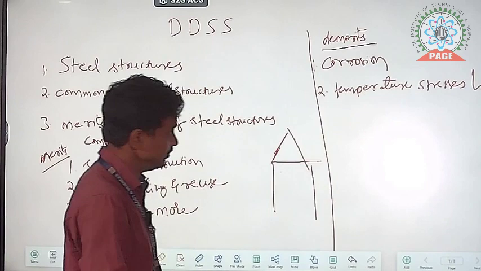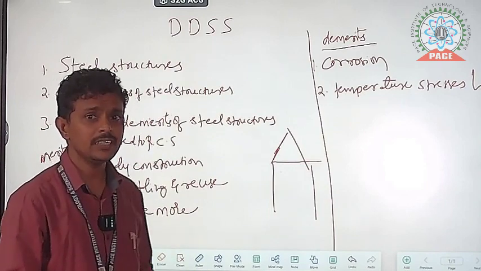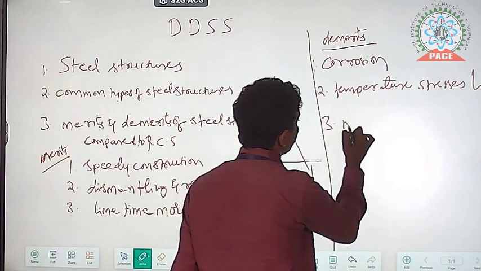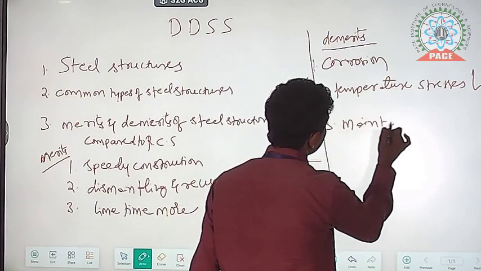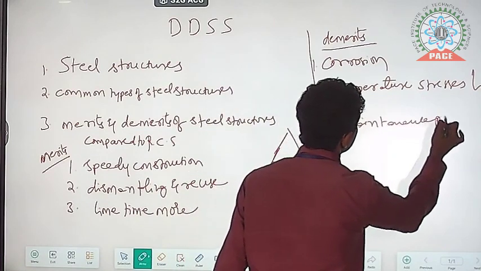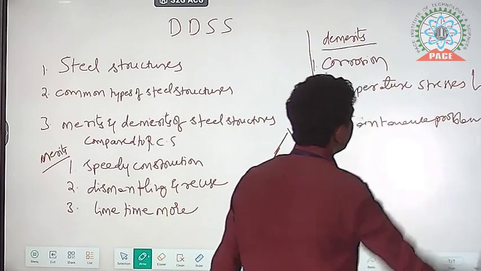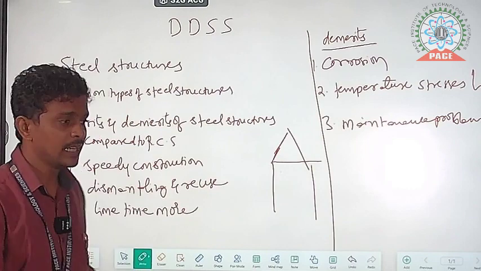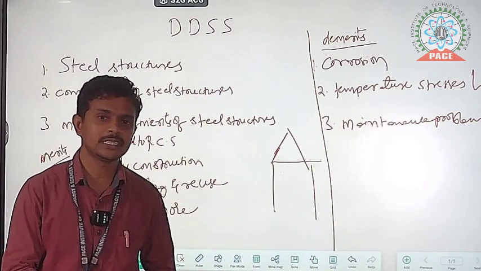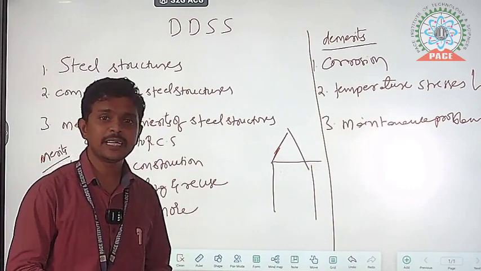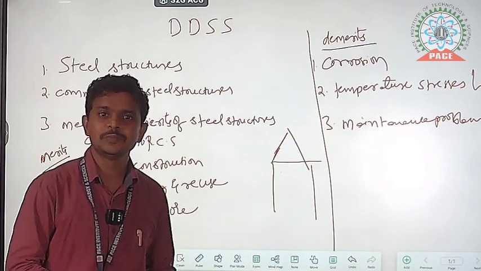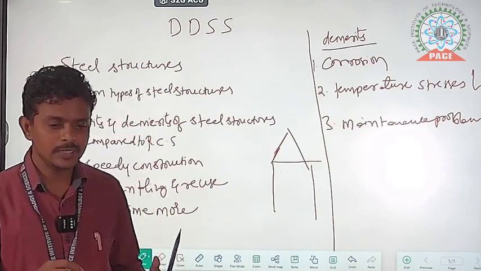And the third one is the maintenance problem. Maintenance problems will also happen. Maintenance problems mean, for example, after the steel structure construction is over, sometimes the connections may get loose. If we do not take those connections seriously, the total structure may get damaged.